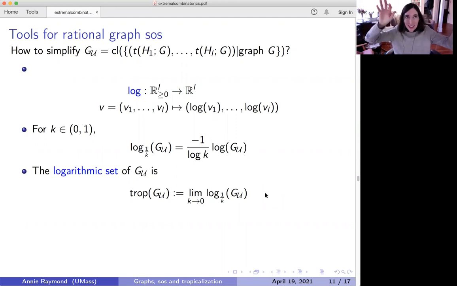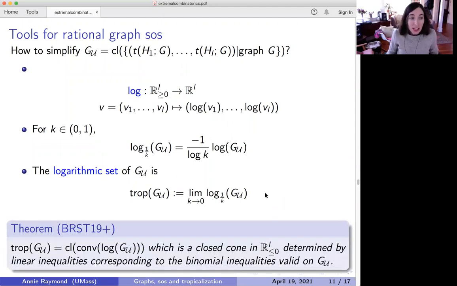So you move from addition and multiplication to taking the max and adding. That simplifies things. In particular, if you have a binomial originally, once you do this operation, you're going to get a linear inequality. And so the tropicalization of my graph profile turns out to be much simpler because of that.